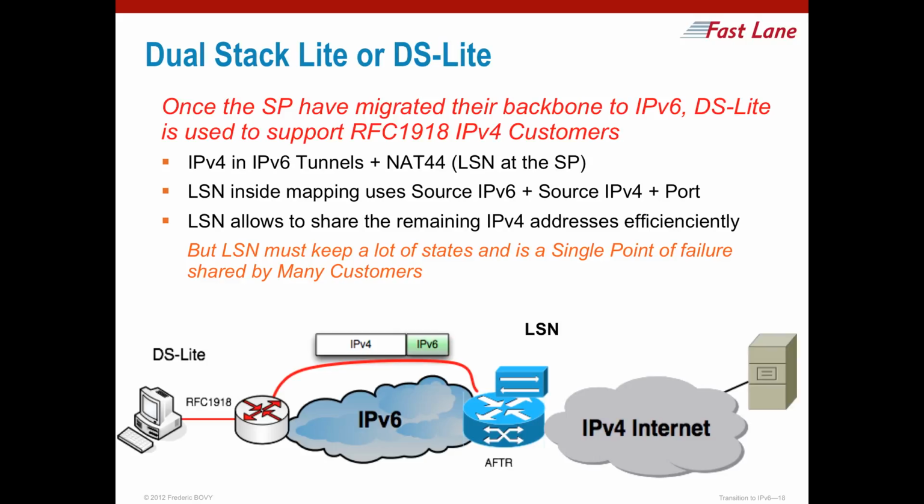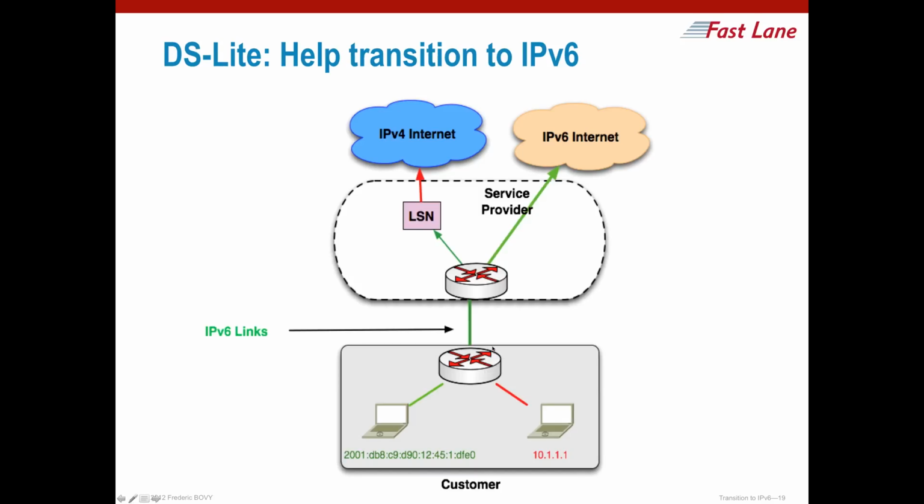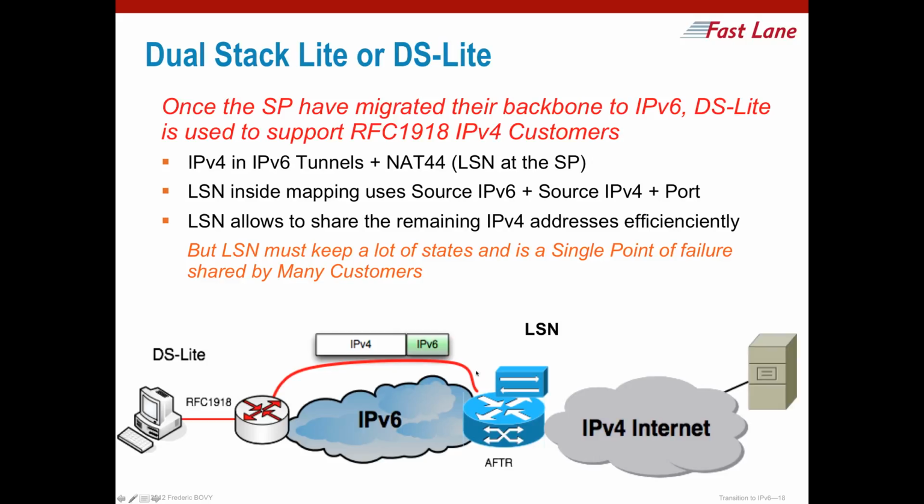With DS-Lite, we actually tunnel the traffic to the service provider backbone, and it is only in the service provider backbone that the private address is translated to a public address.